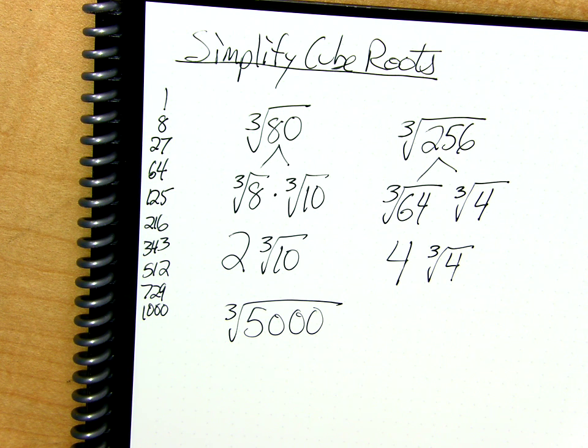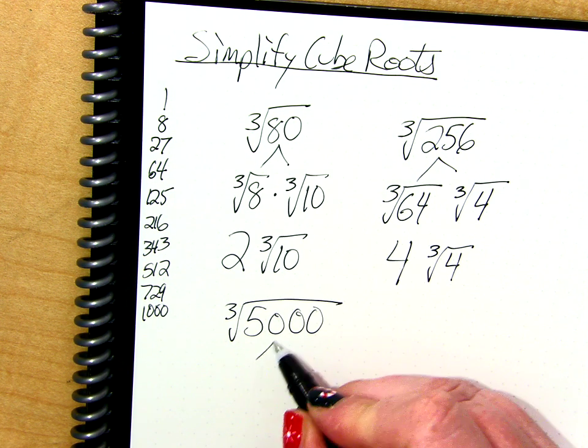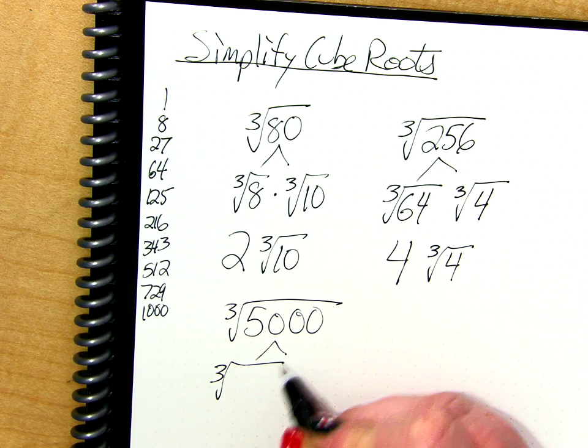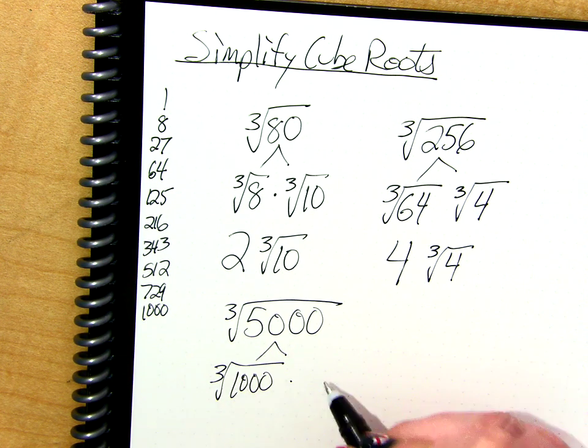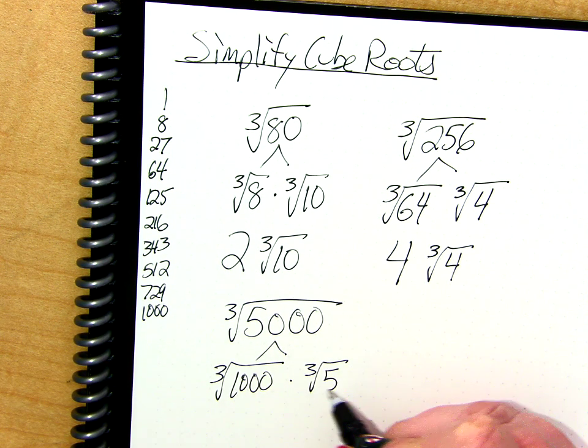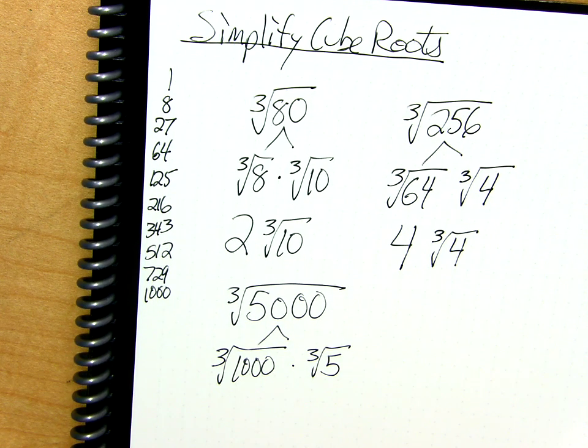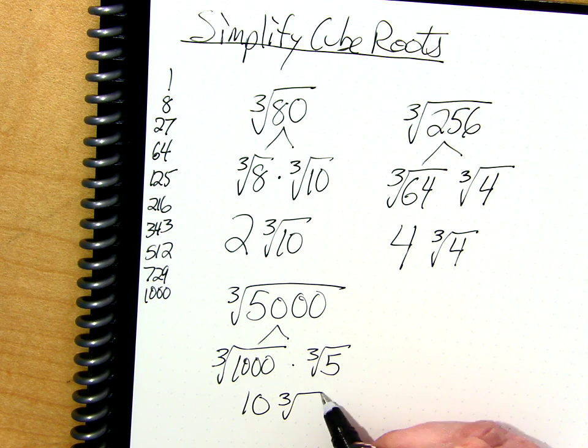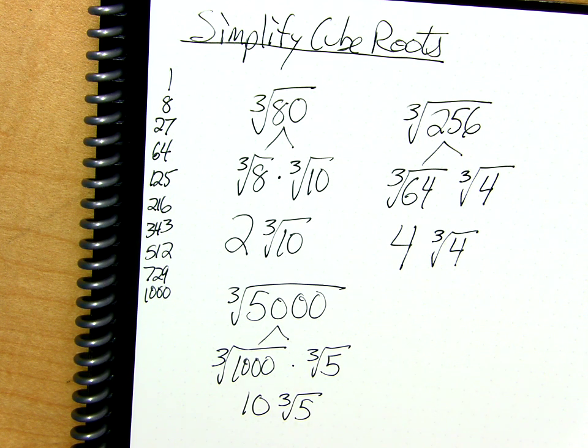Got it? What is the largest perfect cube that goes into 5,000? 1,000 times the cube root of 5, right? And the cube root of 1,000 is just 10. So there is your answer. 10 cube root 5. Okay? Is this all right?